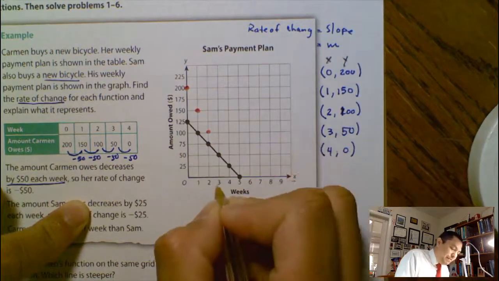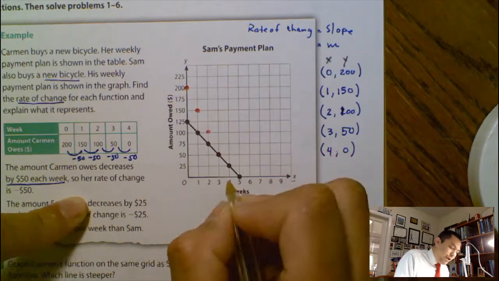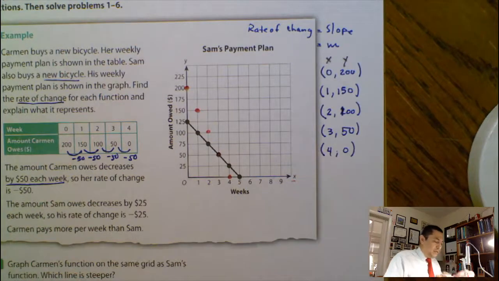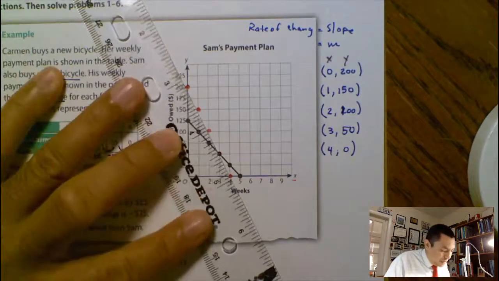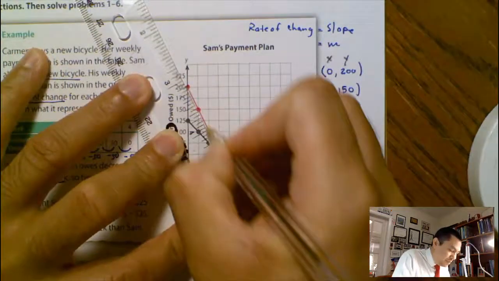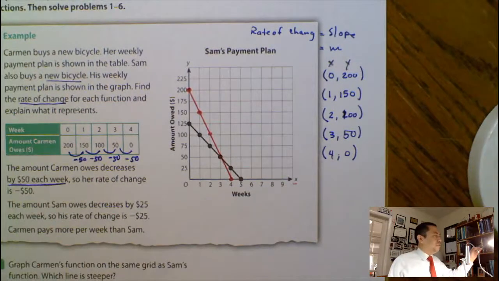Then I have 3 and 50, then 4 and 0. So it ended here. We're going to use a ruler to get that graph going. So we have our graph. They asked me to graph those points, so I just graphed those points.